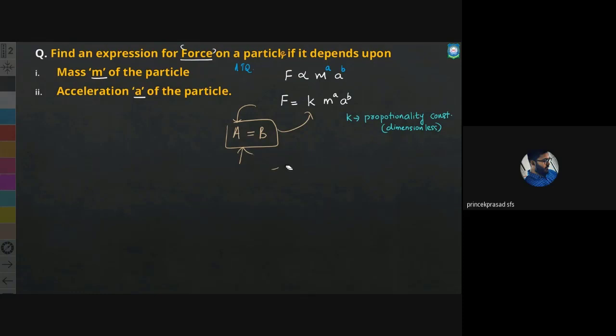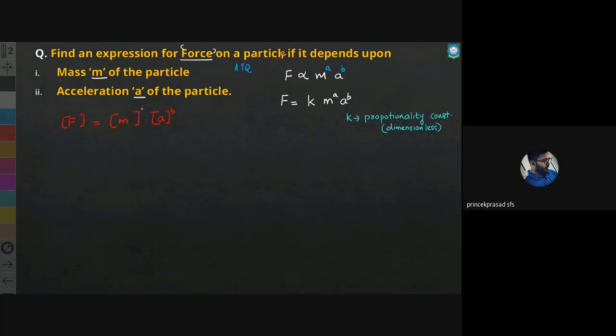So I'm going to apply the principle of homogeneity in this relation. Thus, I can write the dimension of force will be equal to K times, K is a dimensionless constant, so you can avoid it, times the dimension of m raised to a times the dimension of a raised to b.